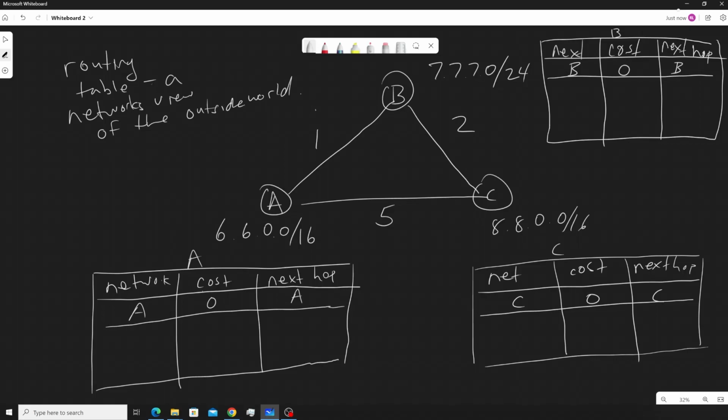So routers learn about the world by periodically sharing their routing table with their adjacent neighbors.